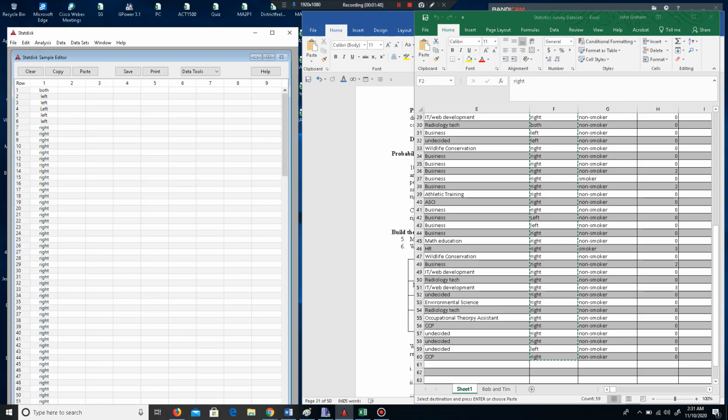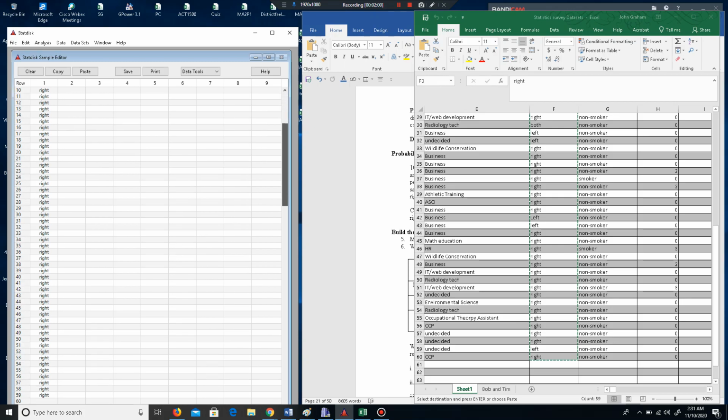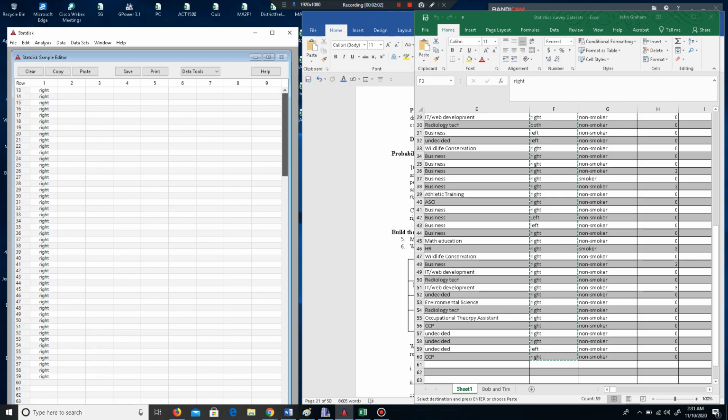We just have to make sure we don't have any issues. Both left and right, and we'll come down and make sure there's nothing at the end. Okay, so 59 people. We have enough sample here.